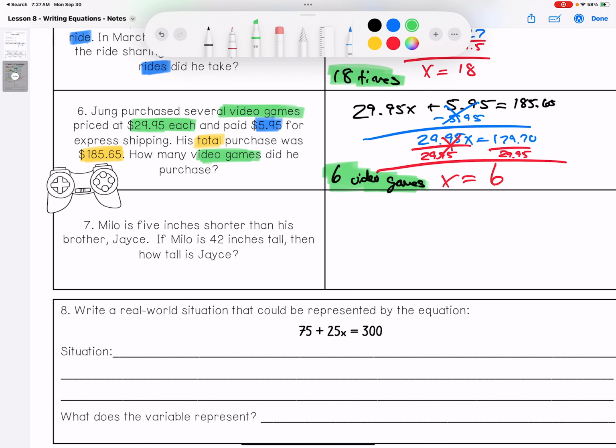All right. Milo is 5 inches shorter than his brother Jace. Milo is 42 inches tall. How tall is Jace?